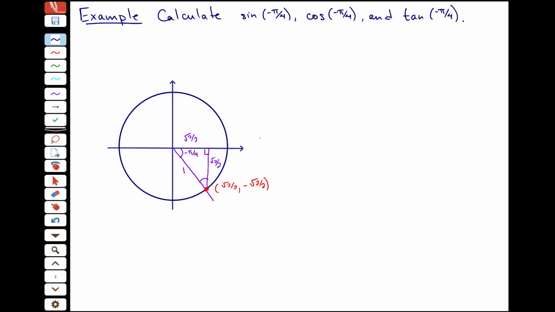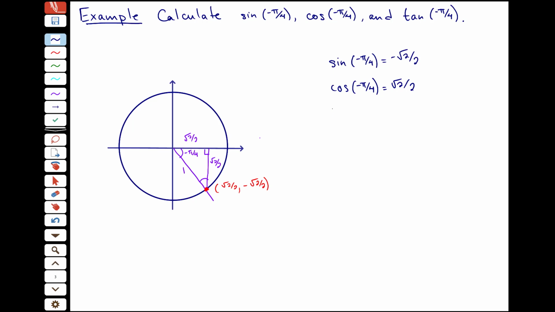So if we go to calculate sine, cosine, and tangent, remember that sine of an angle is going to be the y-coordinate. So sine of minus pi over 4 is negative root 2 over 2. Cosine of minus pi over 4 is the x-coordinate, so is root 2 over 2.